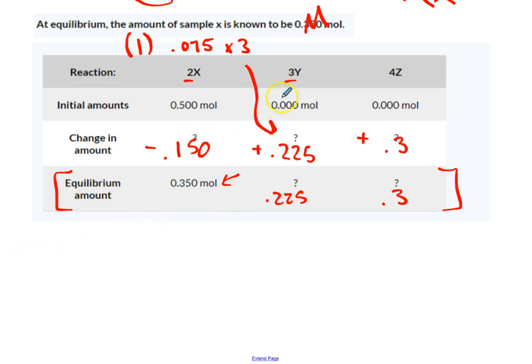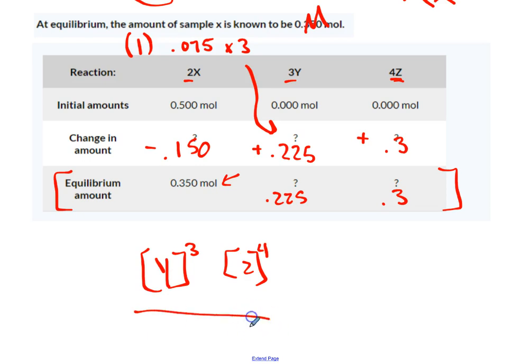I had Y to the 3rd right here, Z to the 4th, that's right here, divided by X to the 2nd.